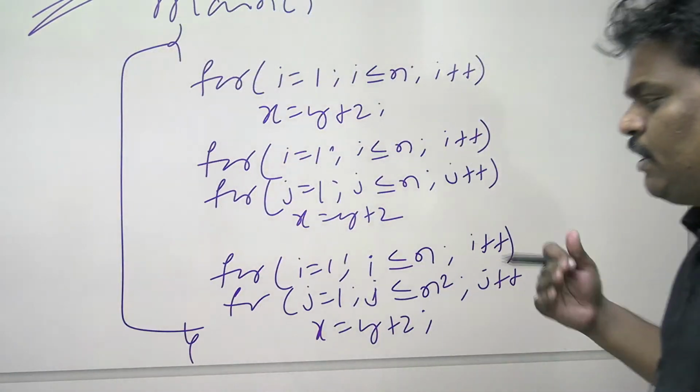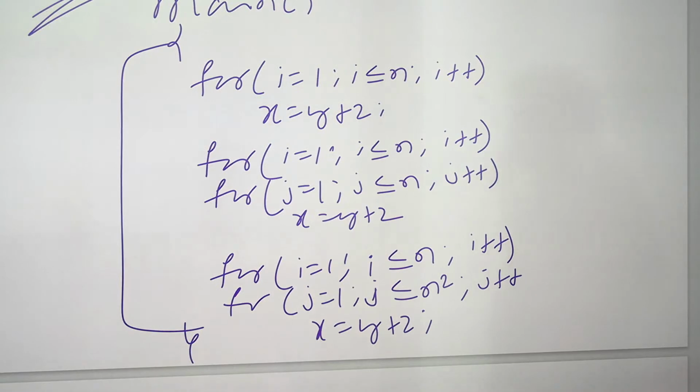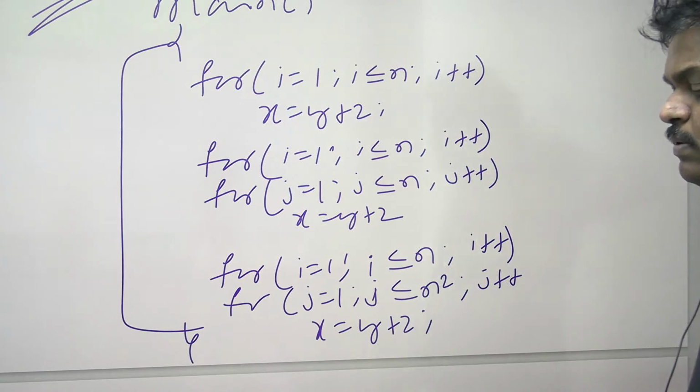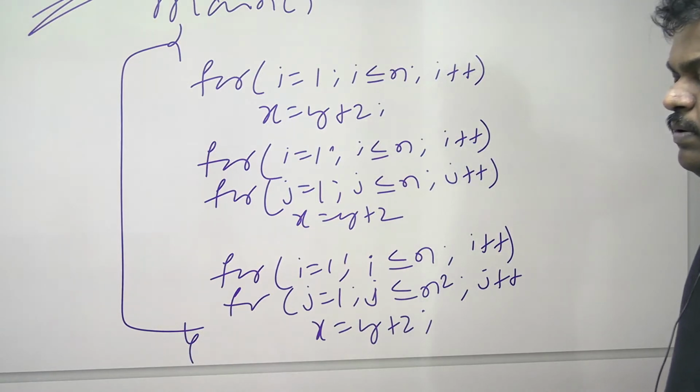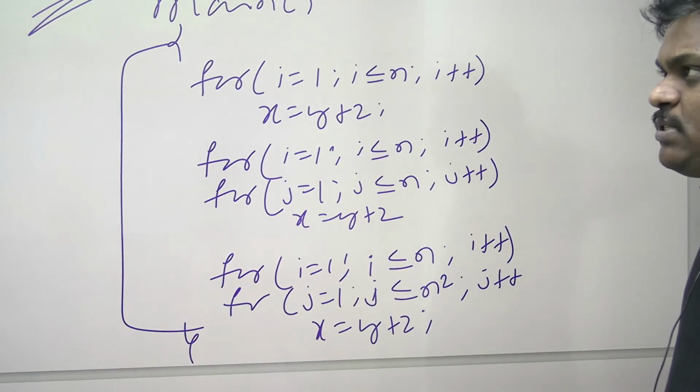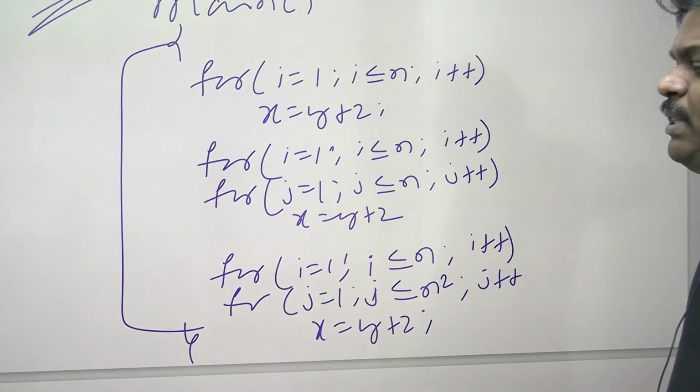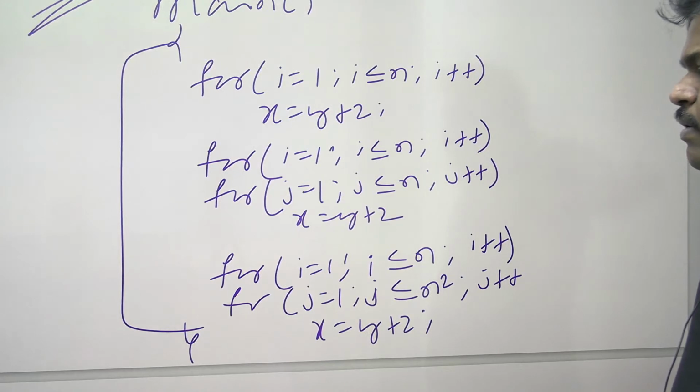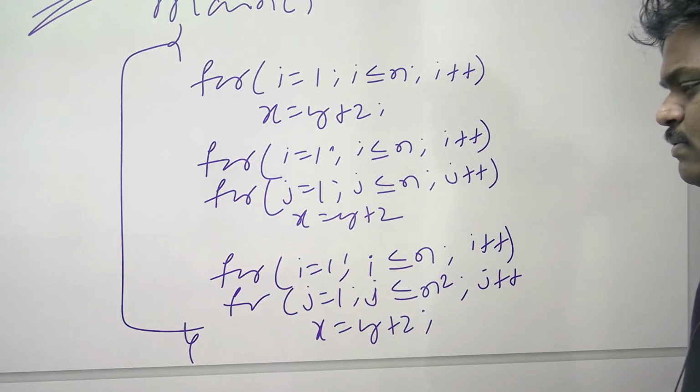Right. So can you say now, what is the time complexity of this program? Try once. Those people who are watching the class, please let me know what time complexity you are thinking. First identify how many statements.